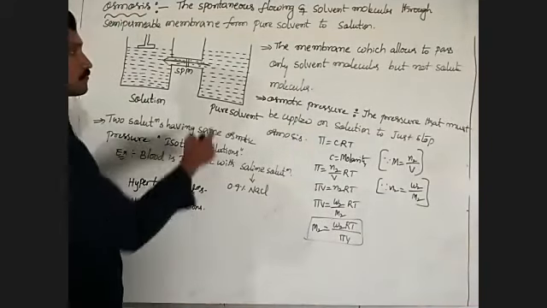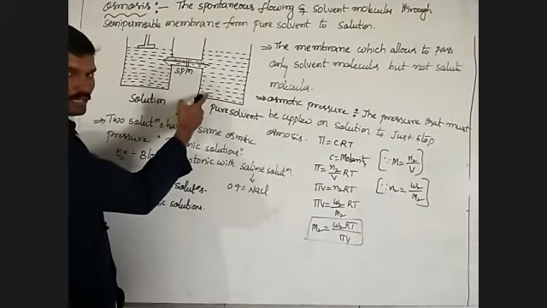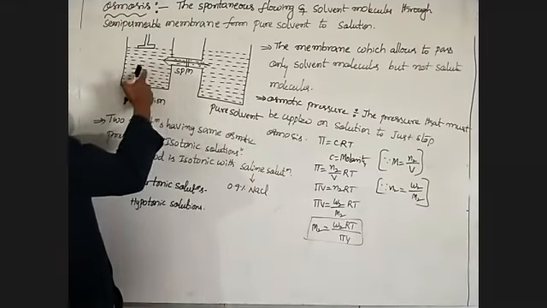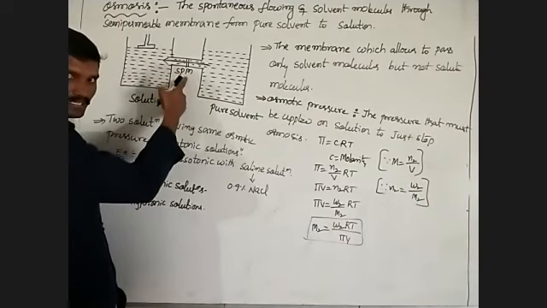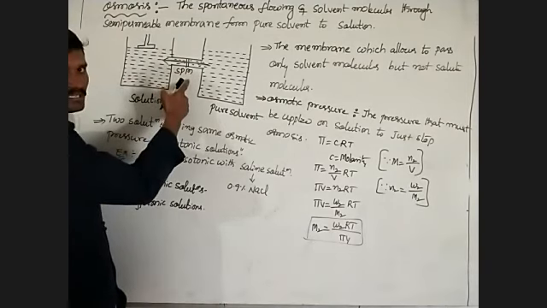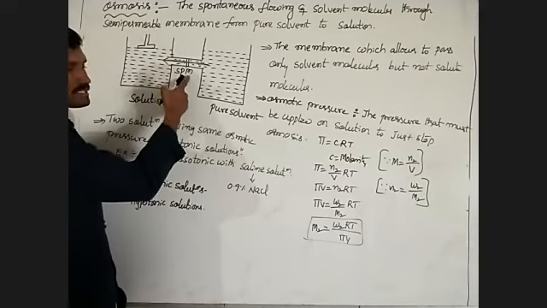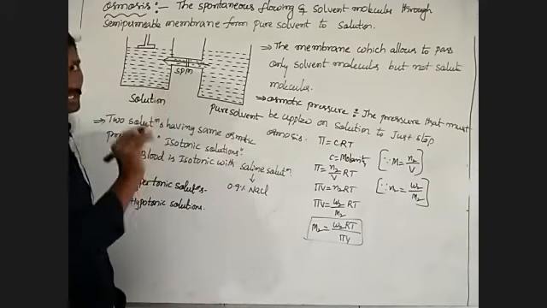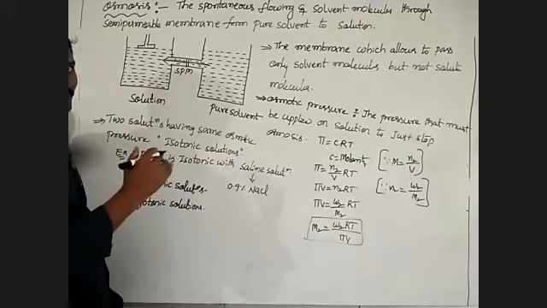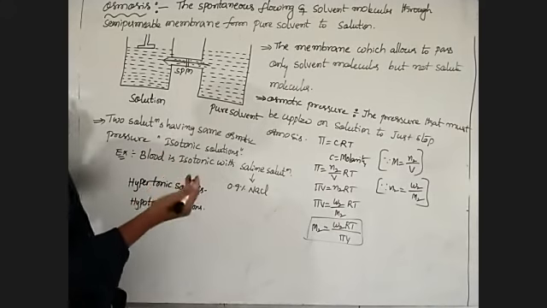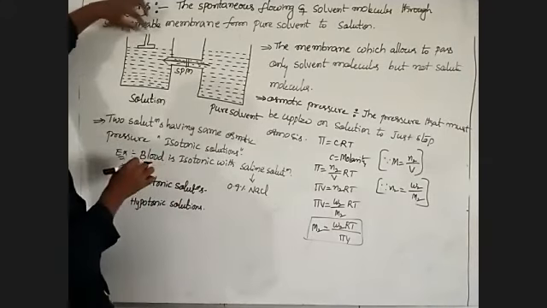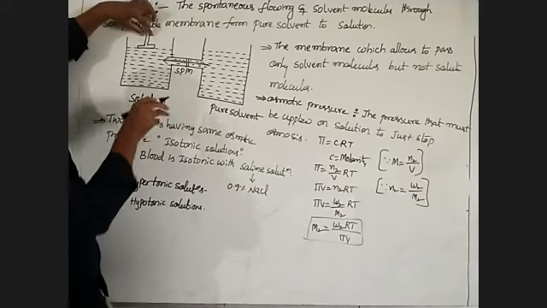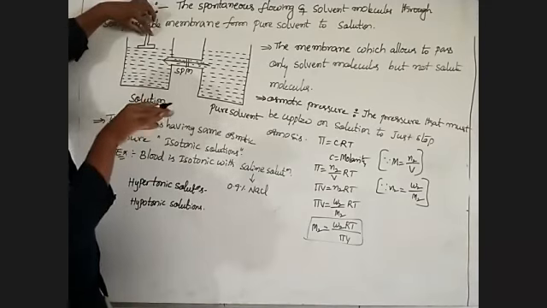Okay, that is osmosis. Osmosis means flowing of solvent molecules from the solvent side to the solution side through the semi-permeable membrane. Semi-permeable membrane allows only solvent molecules but not solute particles. Examples are pig's bladder and the skin around the egg white. Next, osmotic pressure is the pressure that must be applied on the solution side to stop the osmosis.